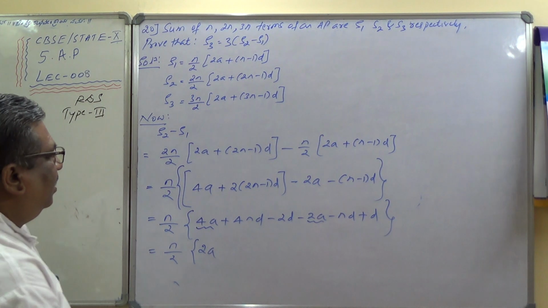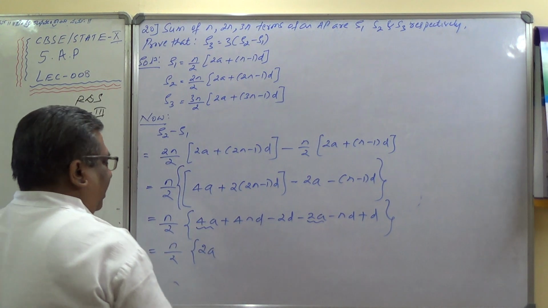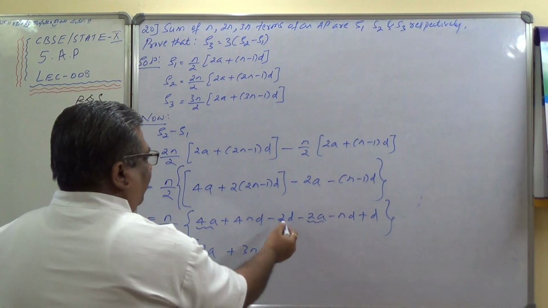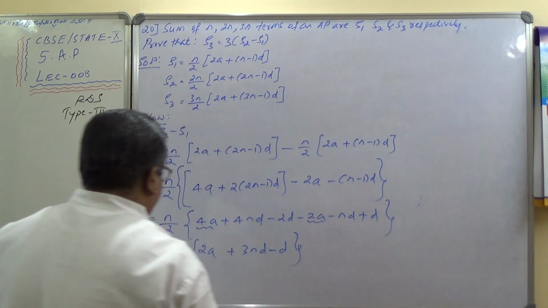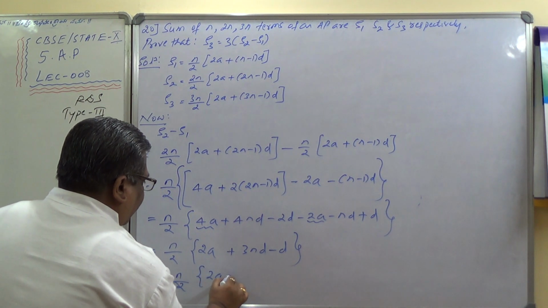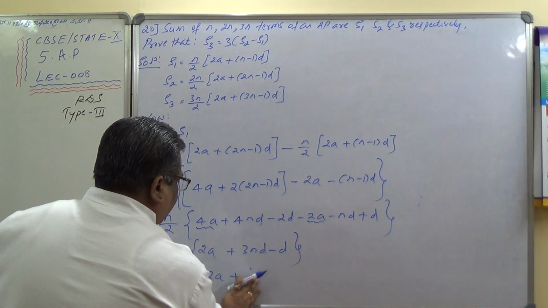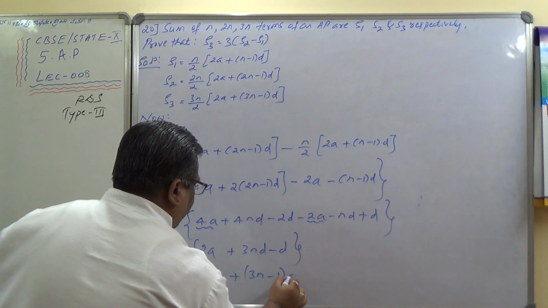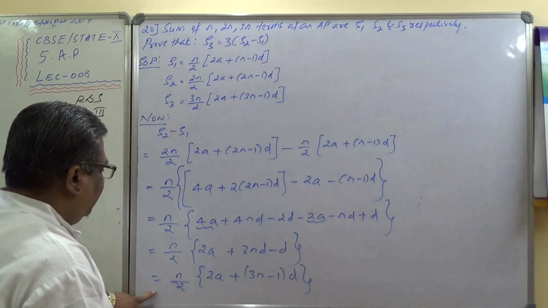Now 4nd minus nd, 3nd, plus 3nd minus 2d plus d, minus d, which equals n by 2 into bracket (2a plus, common is d here, d if I take common, inside it is (3n minus 1) into d). Yes, I think we are nearing the result.